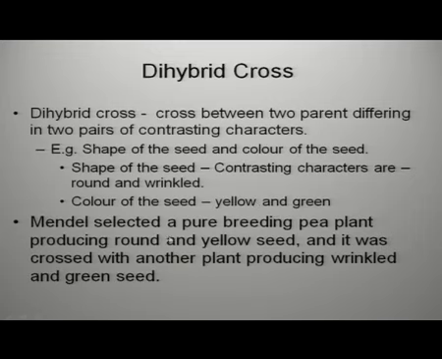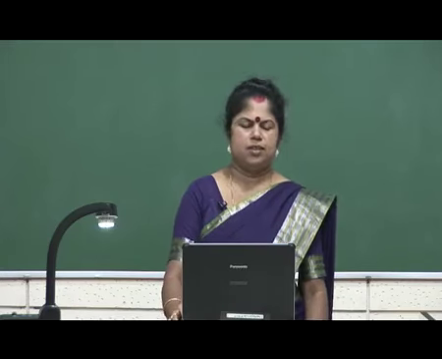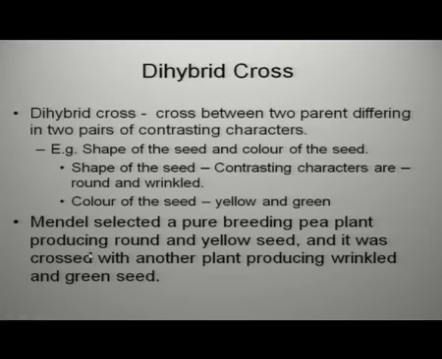Now, coming to Mendel's experiment for dihybrid cross, first selection of pure breeding pea plants or true breeding pea plants and ensure that they are homozygous, and for this purpose there is the continuous self pollination.